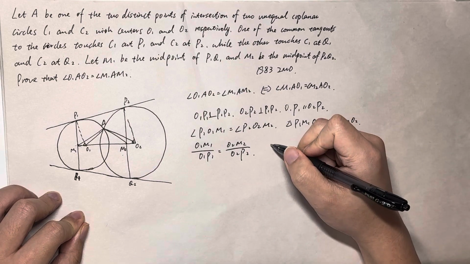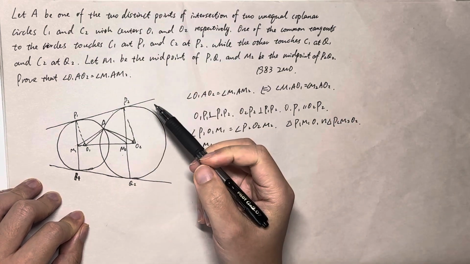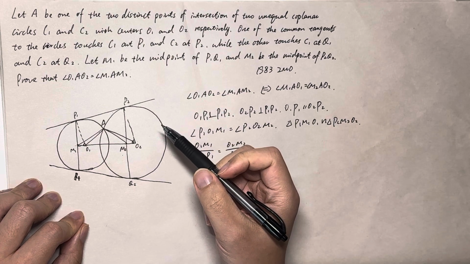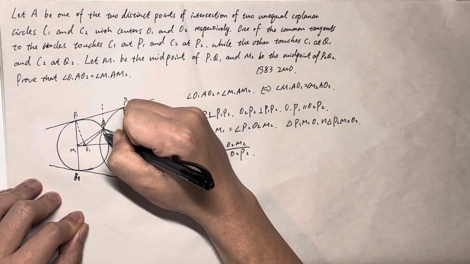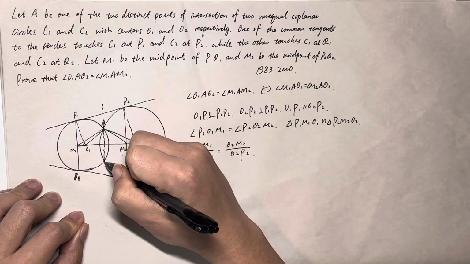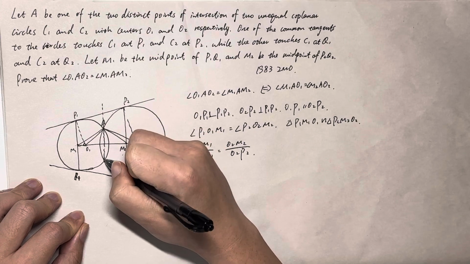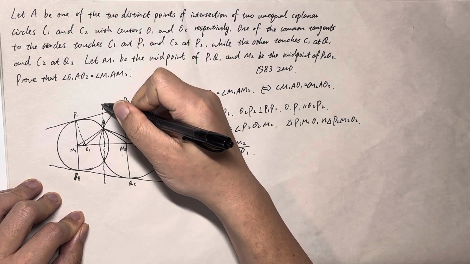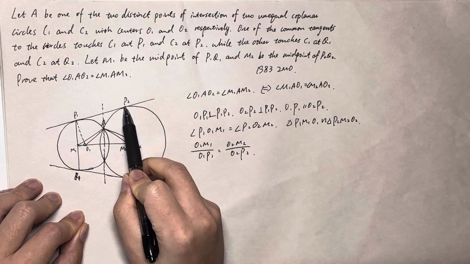Then let's connect. Remember the property we learned from intersecting circles with a tangent. If we connect the intersection points, we know that this line bisects the segment P1P2.